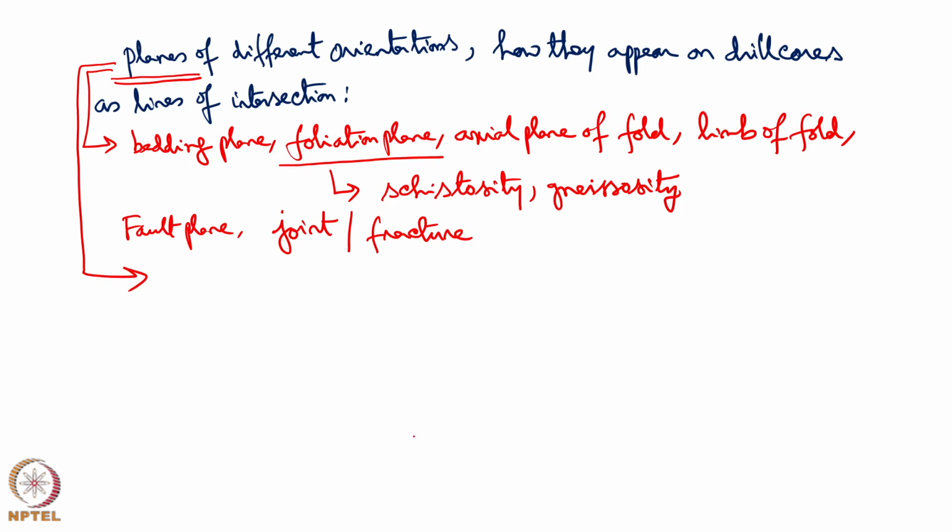So any plane basically, how they intersect of different orientations and how they appear on drill cores as lines of intersection we are going to discuss.